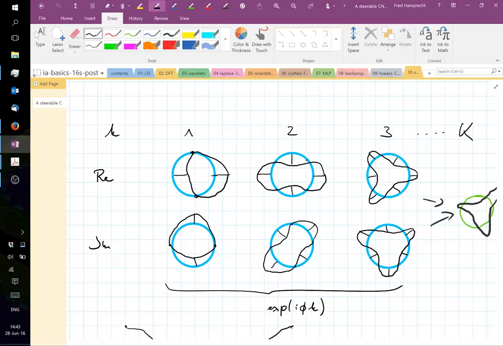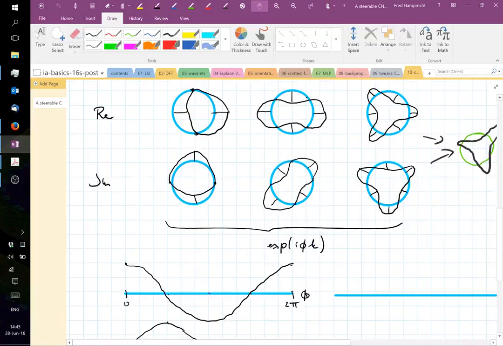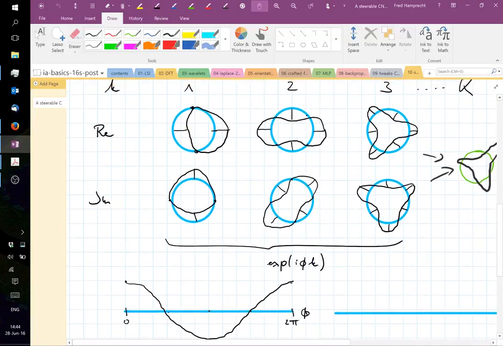To find very precisely the angle at which a line, for example, is oriented, I need many pixels, and that means I need big sigmas. But maybe I want to measure the low angular resolution content on a much smaller scale, and for that I may want to use a different sigma. So this is why I'm writing the capital K here.